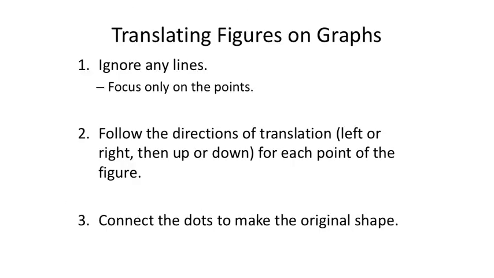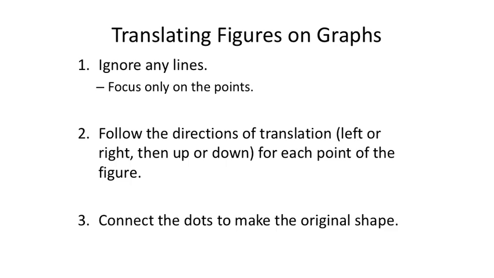On these problems, they're going to give us a figure, and then they're going to tell us how much to translate it, which means, again, all we got to do is be able to count and then know which direction we're going in. So, just like we did before, you can pretty much ignore the lines. The lines have tended to confuse students, not just in 8th grade, but in 9th grade and other grades. So don't worry about lines, just focus on corners or points that they give us.